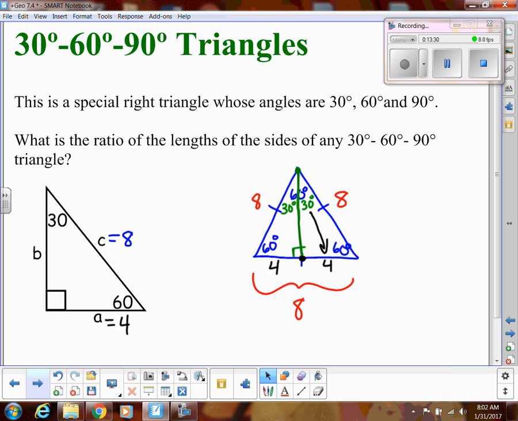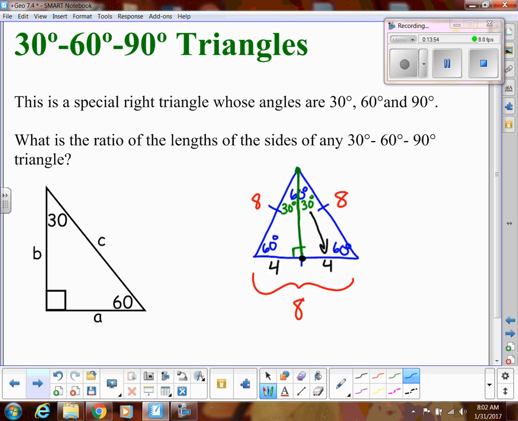So anytime you do that, you're going to have that relationship that this smallest side in the triangle, the side across from the 30, is always half of that hypotenuse. So you could write it as, if this is C, and then this is half of C, or we could write it the opposite, because I don't like to use halves. I'd rather do the opposite.